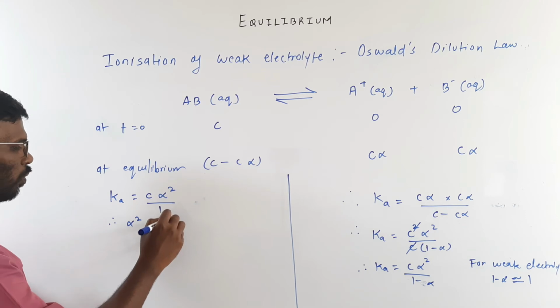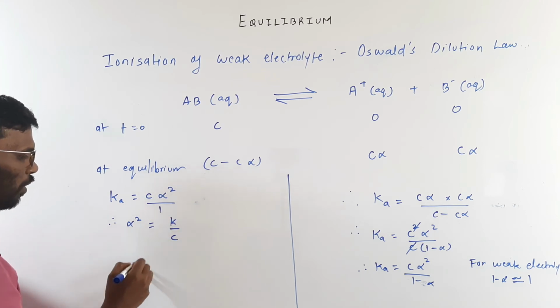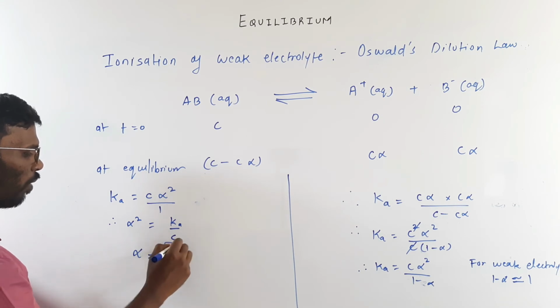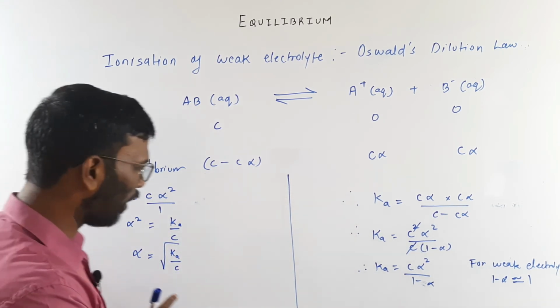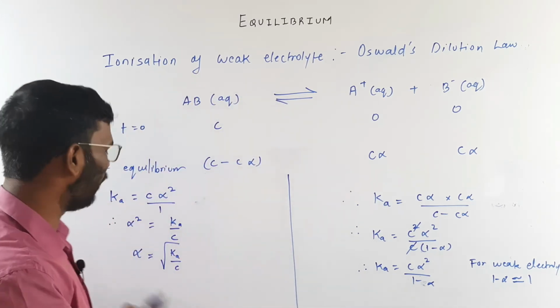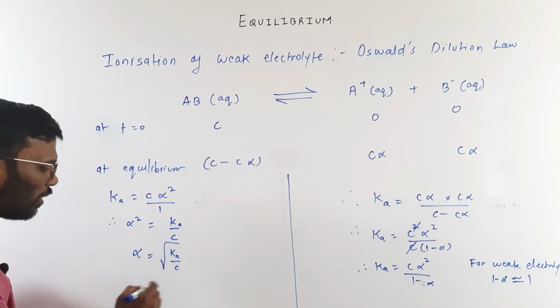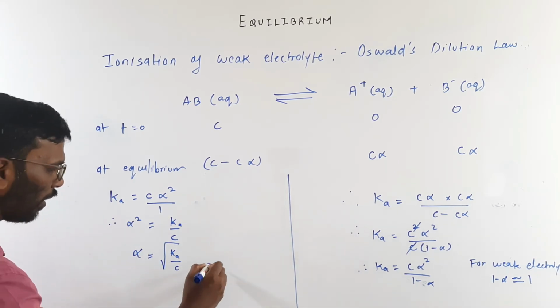Therefore alpha square is equal to Ka by C. So therefore alpha is equal to the square root of Ka by C. What does this say? That alpha, the degree of ionization or dissociation, is inverse. This Ka is constant. I can generalize this way.